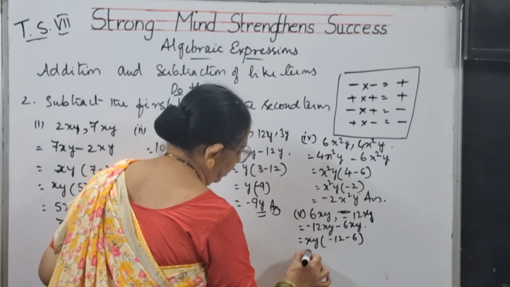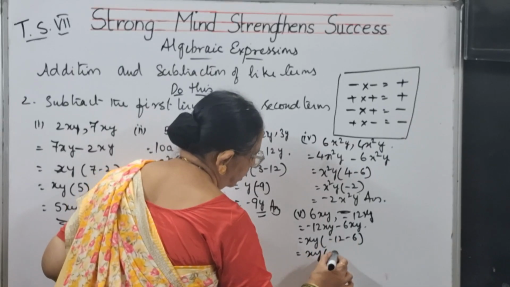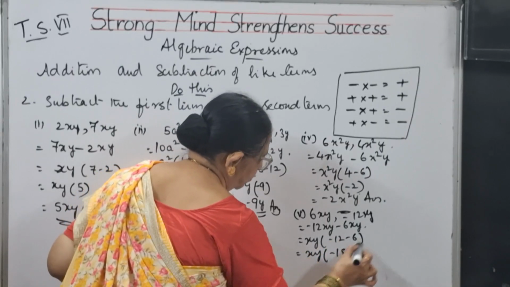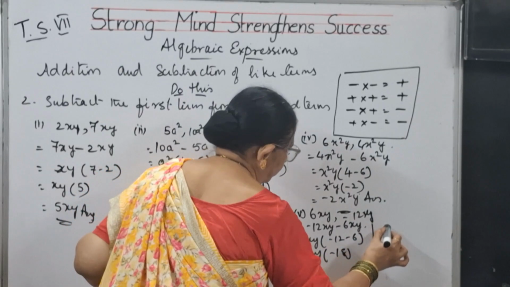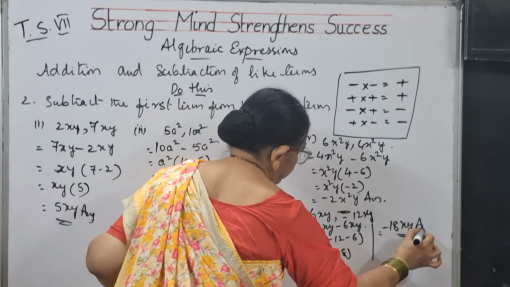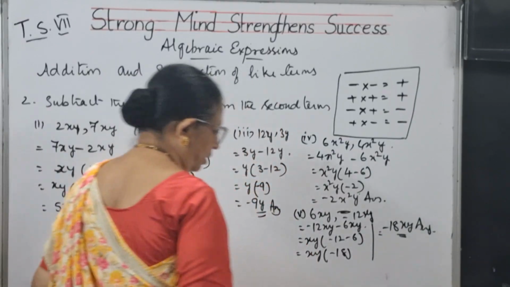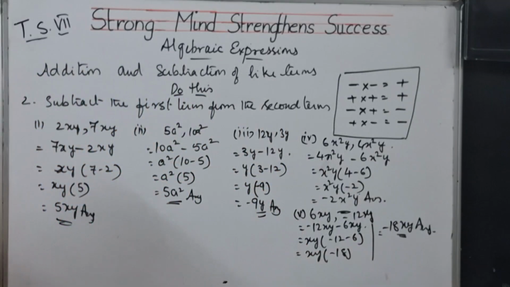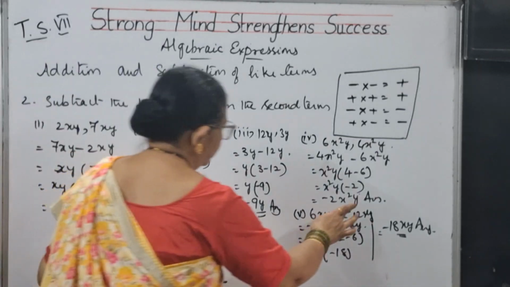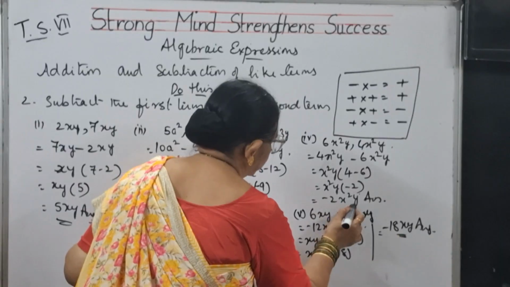So you know pretty well xy into both the same signs means you should add. So minus 18 you will be getting. So this is equal to minus 18xy is the answer for this bit. So these are the do this problems, children. Please note it down. Don't get confused. This is the answer of this.